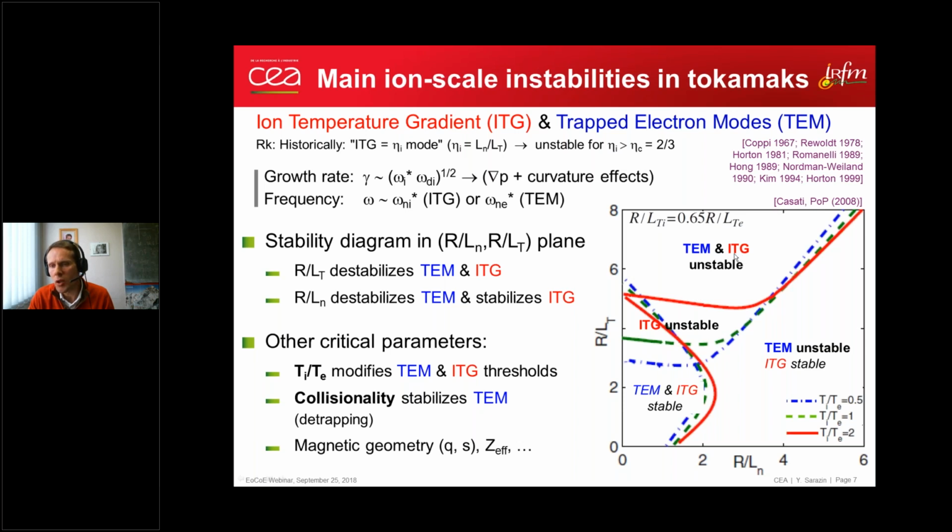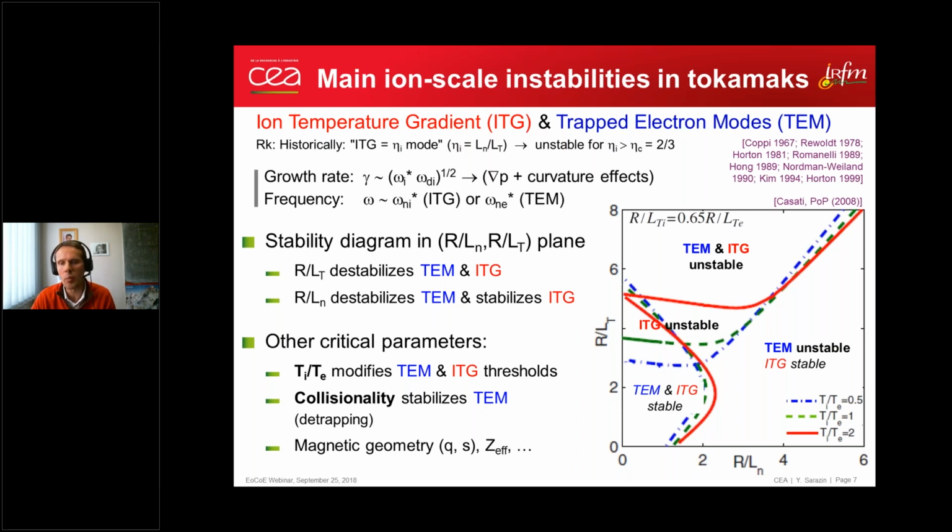And the ITG, conversely, is only driven unstable by the temperature gradient, and conversely, the density gradient is stabilizing for ITG. So, density gradient and temperature gradient are the main drive for those instabilities.